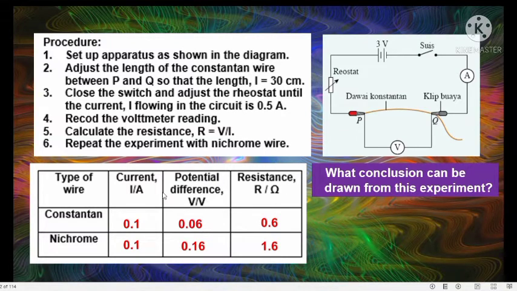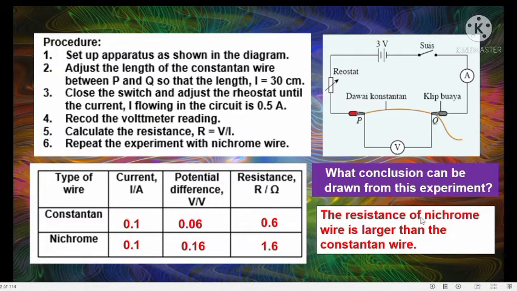Thus resistance V divided by I equals 0.6. For nichrome wire, 0.16 divided by 0.1, so we get 1.6. So what conclusion can be drawn from this experiment? Okay, we just compare the values from the table here. No need to plot a graph. So what we can say, the resistance of nichrome wire is larger than constantan wire.